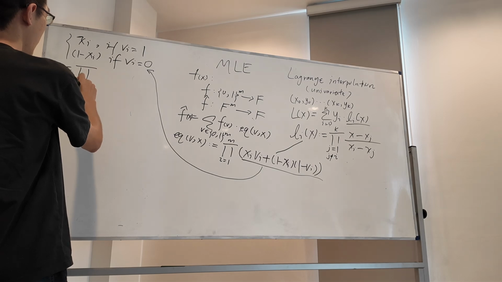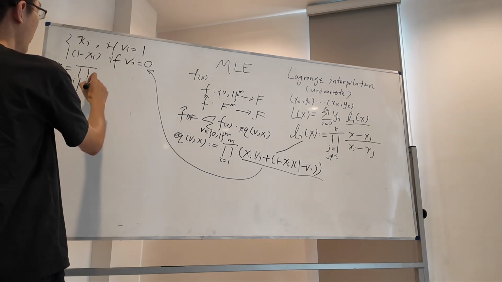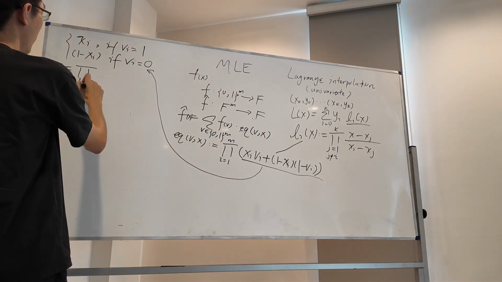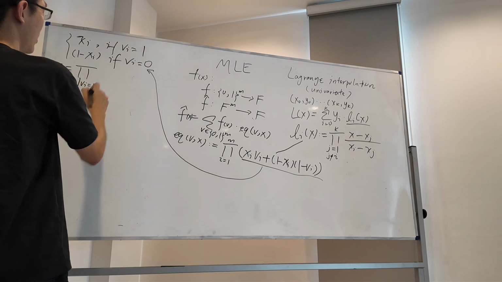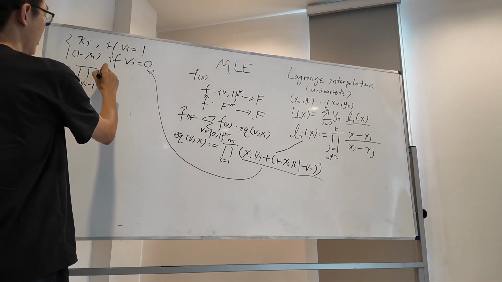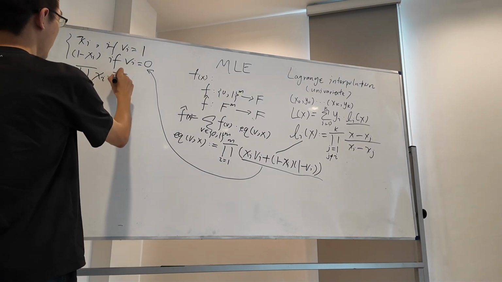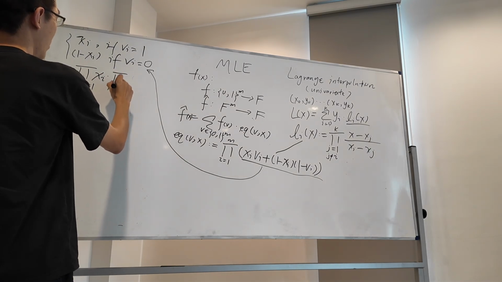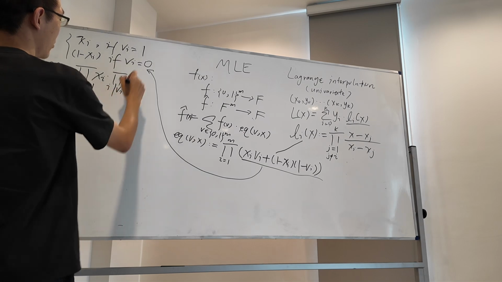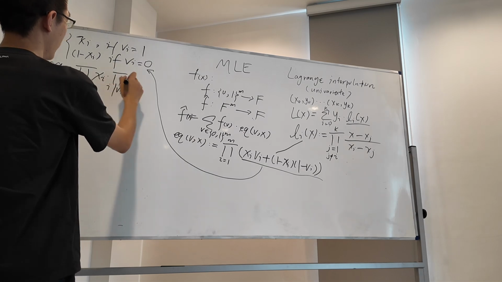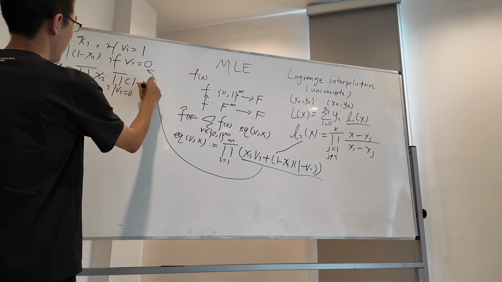The first part is all of the i for which v_i is equal to 1, and this one should be x_i. The second part is all of the i where v_i is equal to 0, which will be 1 minus x_i.